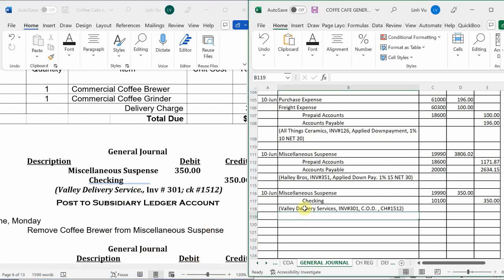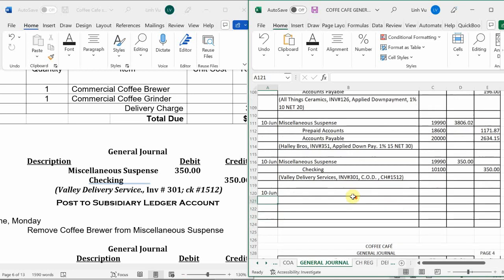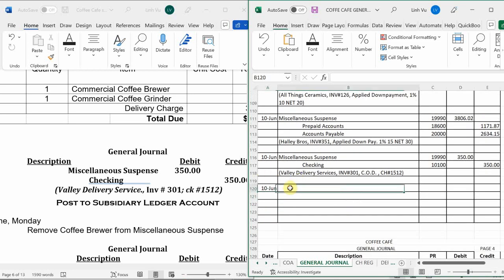So how do I transfer from one account to another? You know how to do that in QuickBooks. Yes, we do. You do a journal entry. Well, this is a journal entry, so how do we do that? Just move it from one to another when you're doing the journal.